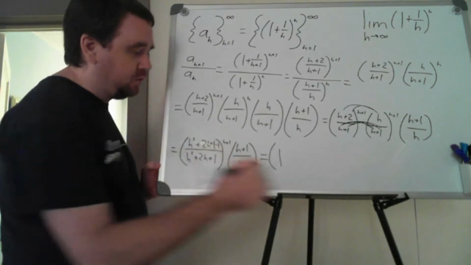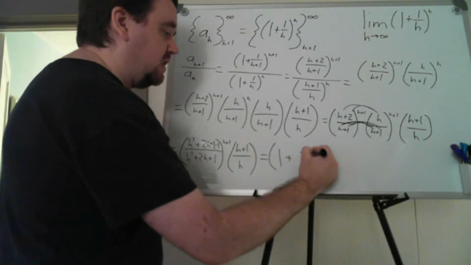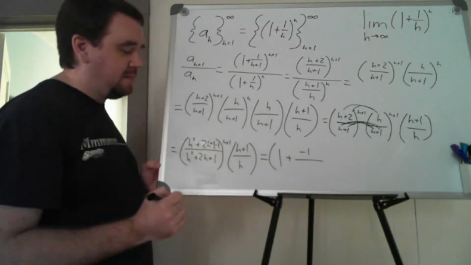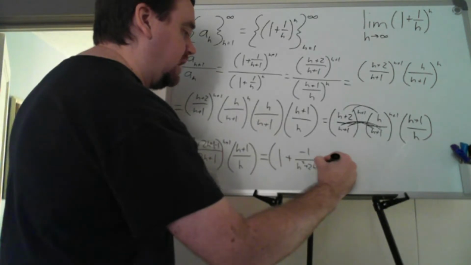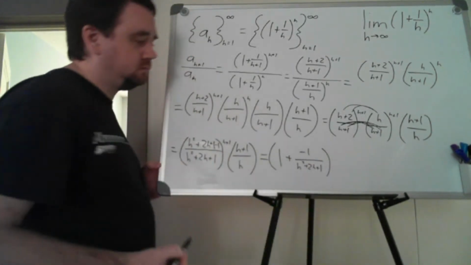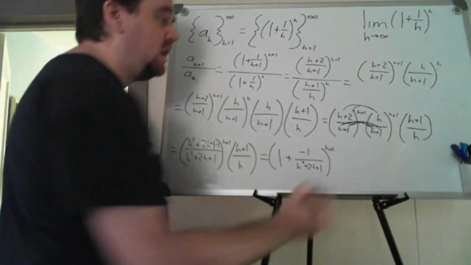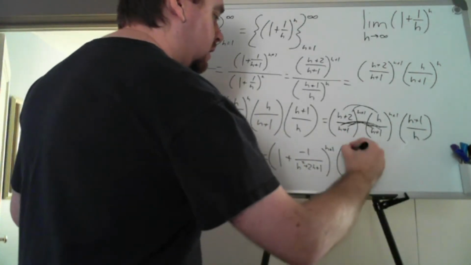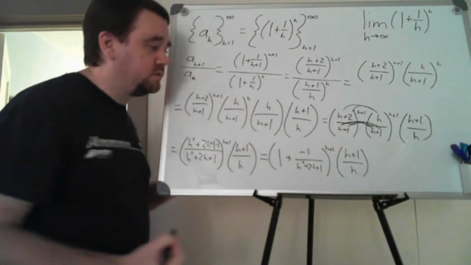And then what I'm left with is plus negative 1 on top, and in the denominator, I've got h squared plus 2h plus 1, all to the power of h plus 1, and then don't forget my little buddy there, my extra, h plus 1 over h, who's just kind of hanging out.